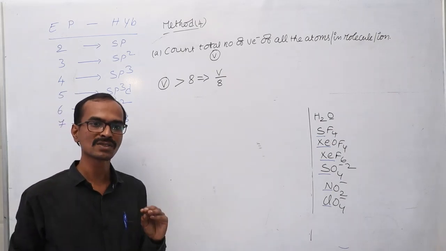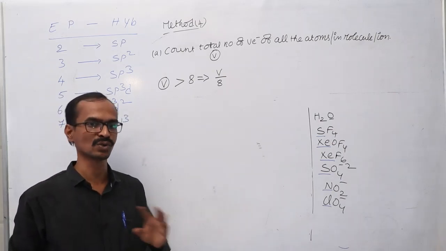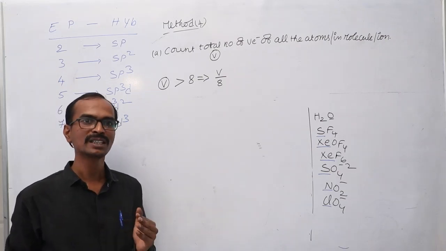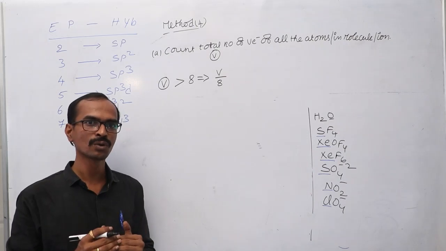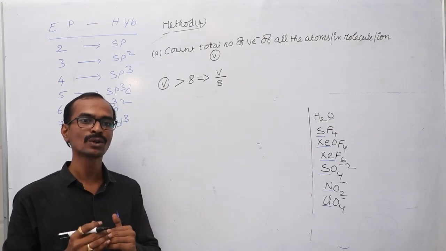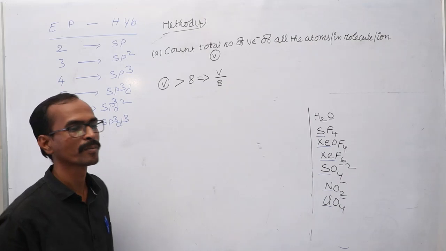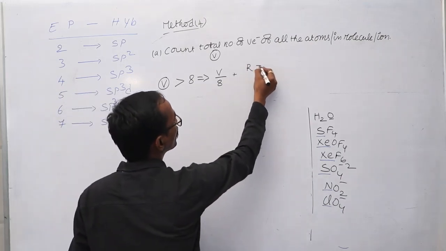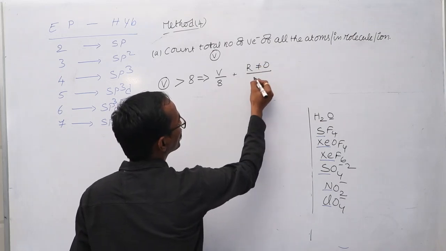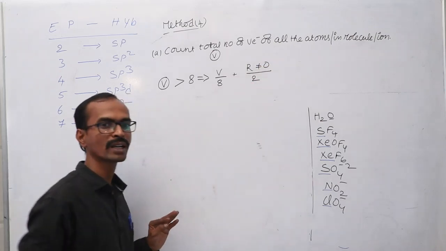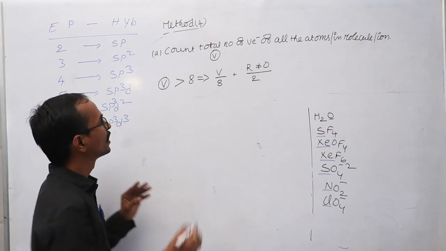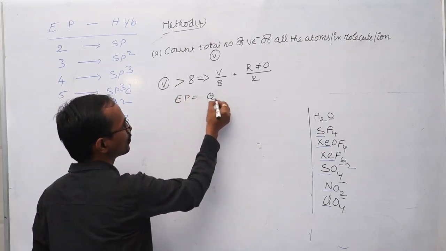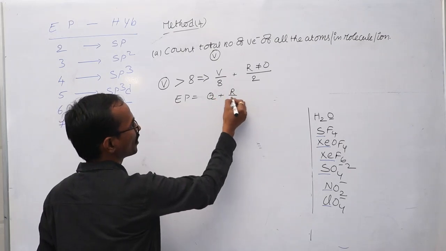If you got 0 as the remainder, it is okay. If the remainder is not equal to 0, divide that remainder with 2 to get the electron pair number. Now the formula for electron pair number will be quotient plus remainder by 2.